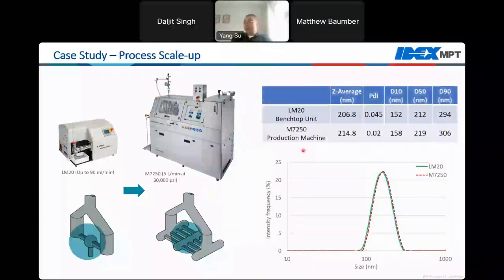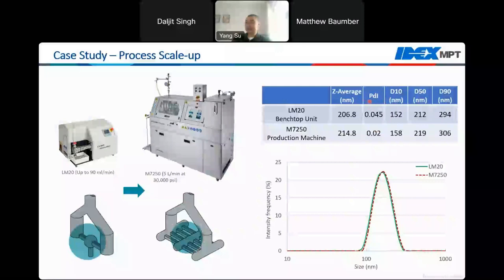So you can see the results here when we process the same formulation through the two different systems under the exact same condition. We were able to achieve almost identical processing results. You can see the average particle size very similar, around 200 nanometers, with a good polydispersity index.